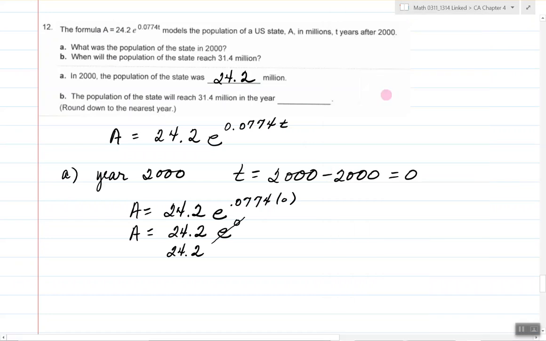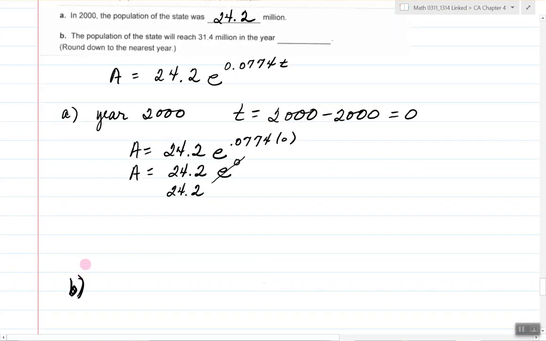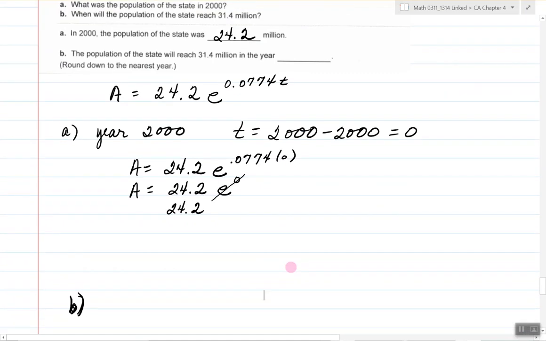All right. The next question, B. It wants to know when the population of the state will reach 31.4 million. They're giving you A is 31.4.